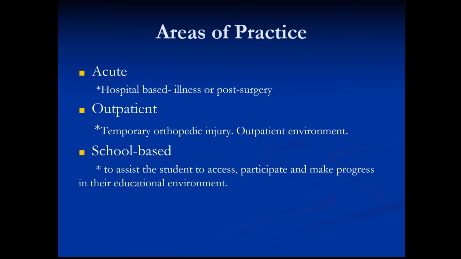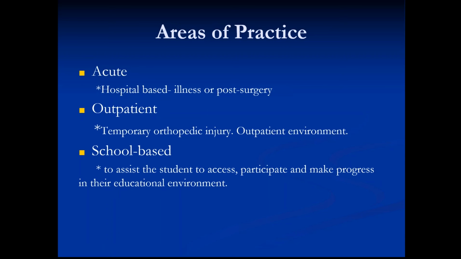So if we continue on, areas of practice as a physical therapist, I think one of the cool things is that we have so many different areas that we might practice in. And a child affected by CMT might see a physical therapist in a few different settings. Acute care physical therapists might be involved when a child is in the hospital for an illness, injury, or post-surgery.